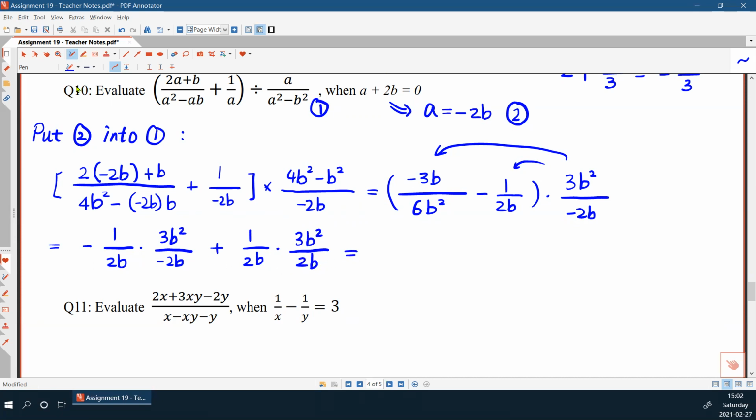So let's try to cancel anything there. So b squared can be canceled with b squared. So the first term is 3 over 2 plus, okay, here b squared canceled with b squared.